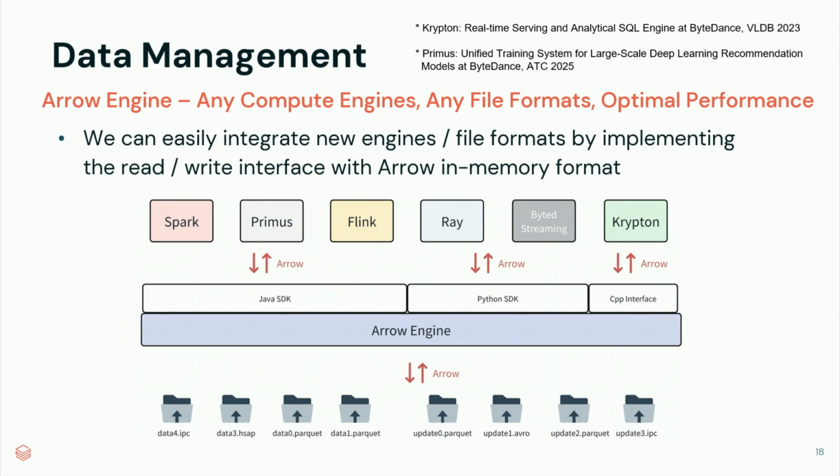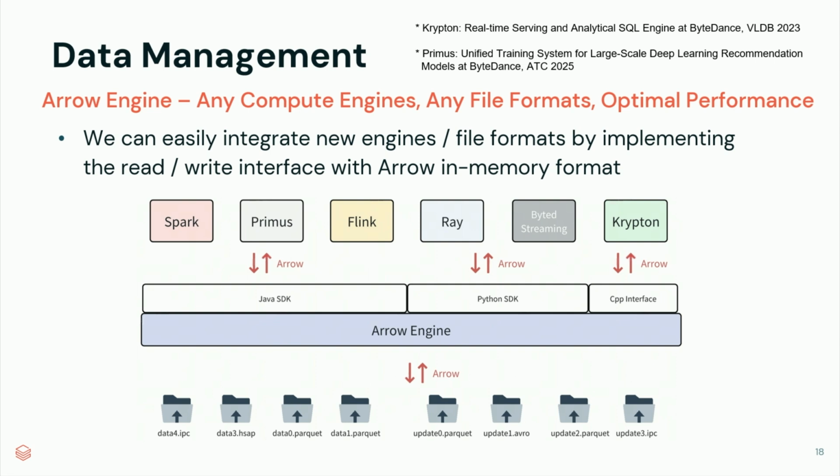As you can see in this picture, there are lots of engines that need to be supported, such as Spark, Flink, and Ray. And Byted Streaming is our internal version of Mosaic Streaming. And Krypton is our self-developed hybrid searching and analytical engine. And Premise is our self-developed training system. They are all delivered by our data infra team. And we also have lots of different file formats to support, such as Parquet, RIPC, or TF record, and so on.